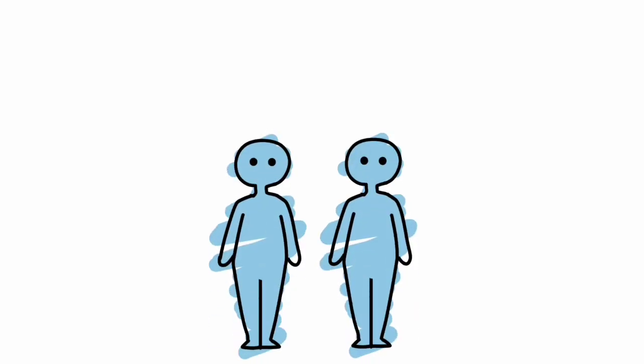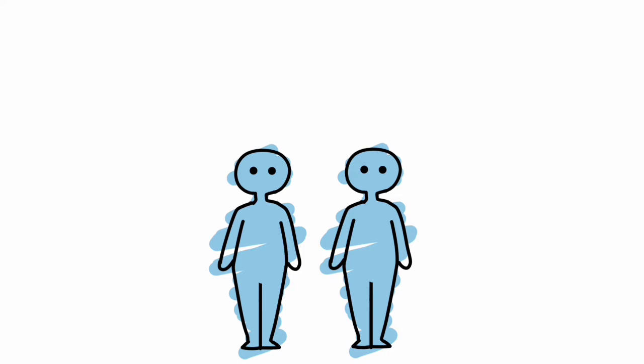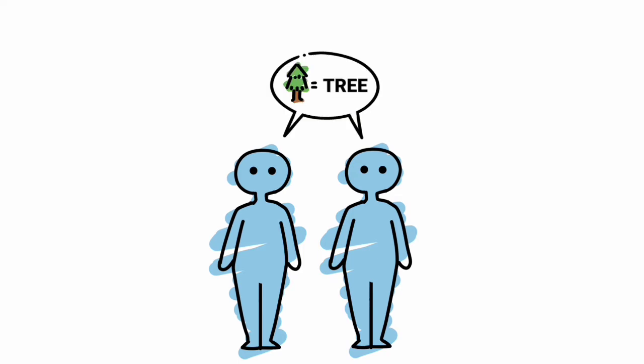Then how do people who belong to the same culture, who share the same conceptual map, and who speak or write the same language know that the arbitrary combination of letters and sounds that makes up the word tree will represent the concept of a large plant that grows in nature?